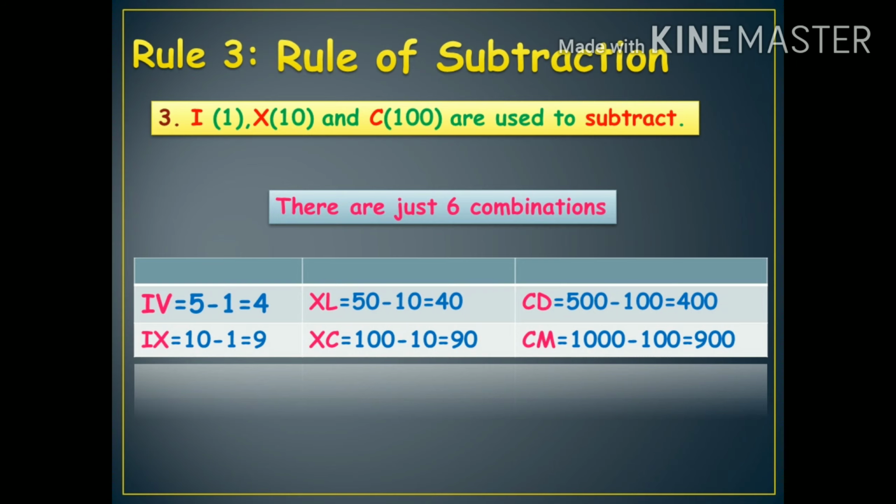XC is equal to 100 minus 10 is equal to 90. CD is equal to 500 minus 100 is equal to 400. CM is equal to 1000 minus 100 is equal to 900. So, we see we are subtracting the numbers by placing I, X and C to the left of the larger numerals.